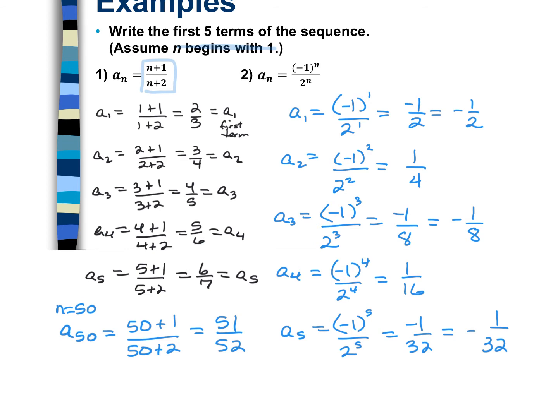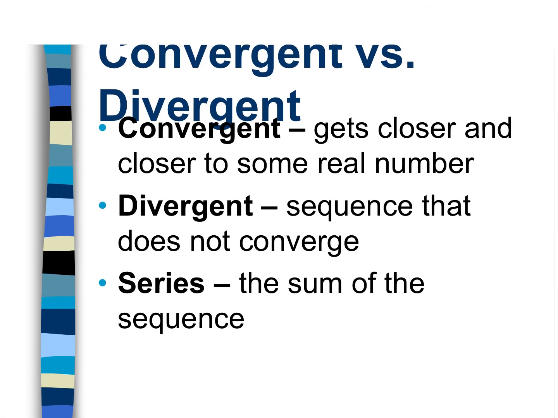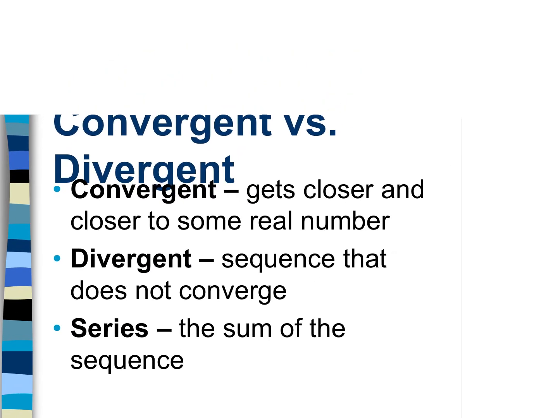So let's first, though, talk about convergent and divergent. When a sequence is convergent, what it means is it's getting closer and closer to some real number. So let's say our rule was 1 over n.